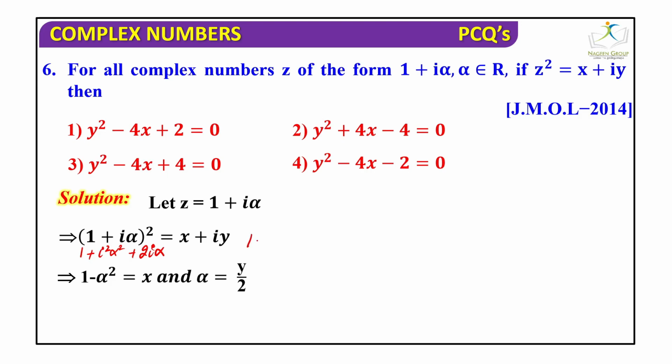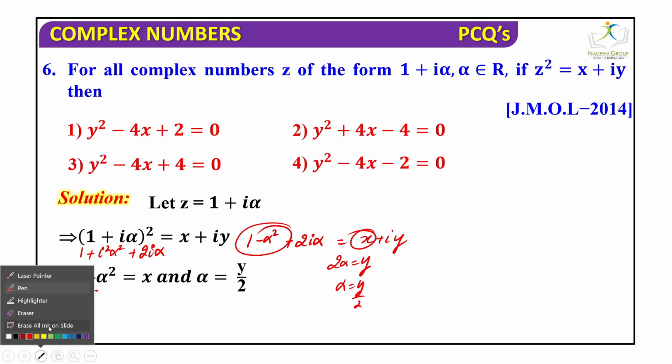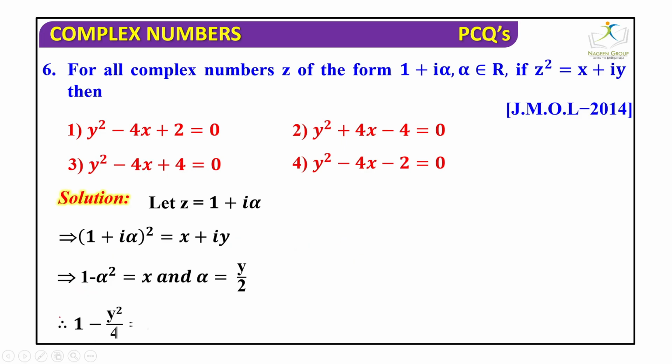From here 1 minus alpha square will come, and this 2 into iota alpha is equal to x plus iota y. So the value of x will be 1 minus alpha square, and 2 alpha will be equal to y. So what will the value of alpha be? y by 2. From here we get these two values, right? From this, in 1 minus alpha we put y square by 4 equal to x, meaning y square plus 4x minus 4 equals 0, right?